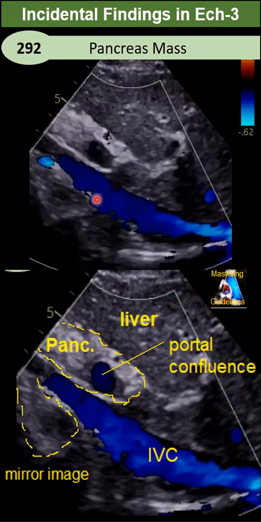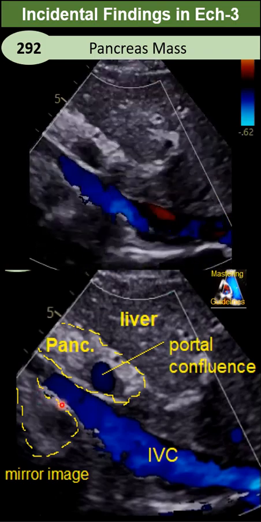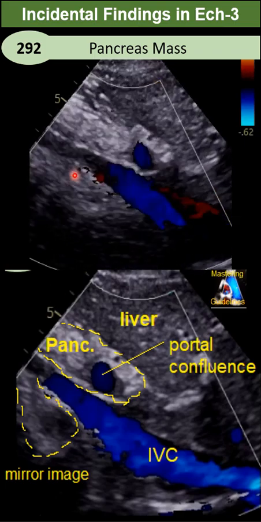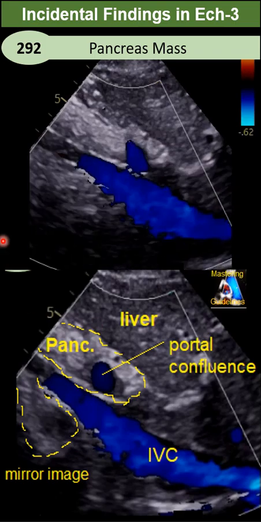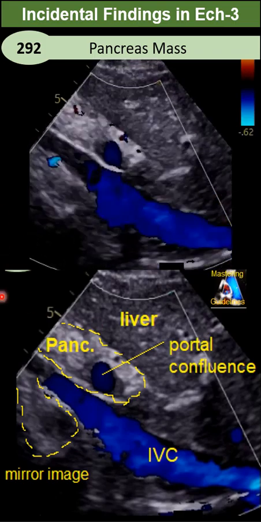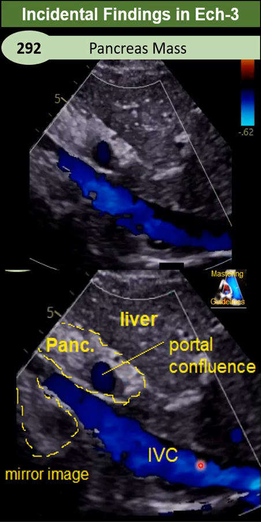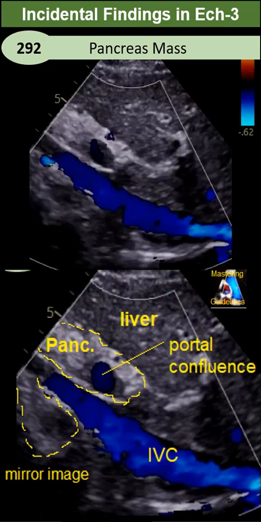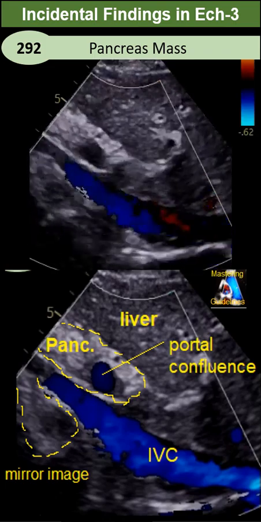The only important structure is the right renal artery, which passes posterior to the IVC, as you can see on this one here. This is the right renal artery that passes posterior to the IVC. We don't have any other structure posterior to them except connective tissue and retroperitoneal.